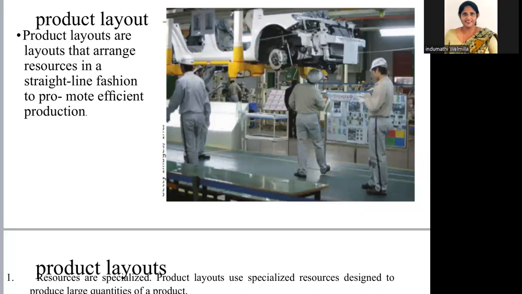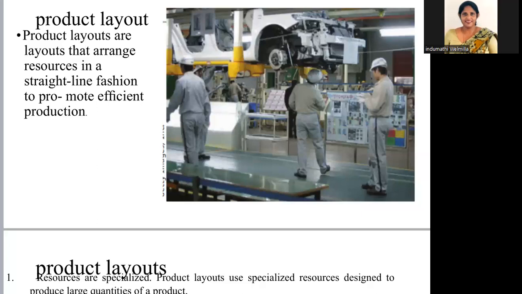All these places are suited to the product layout method. In a product layout, the material moves continuously and uniformly through a series of workstations until the product is completed.